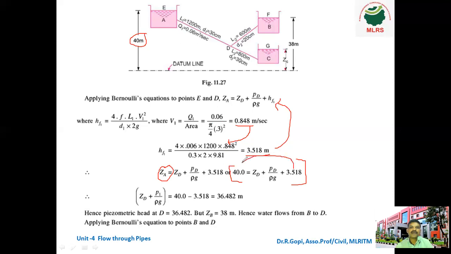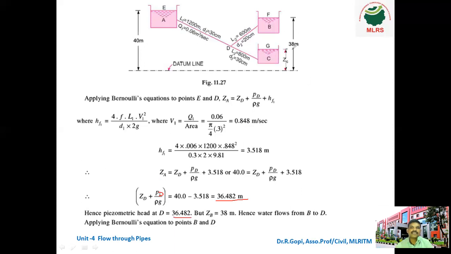This 3.518 comes to this side: 40 minus 3.518, which is equal to 36.482. This is called the piezometric head at point D. This is not P1, this is PD, a printing mistake. So ZD plus PD by rho G equals 36.482 meter.